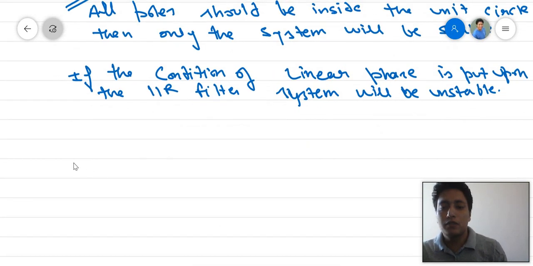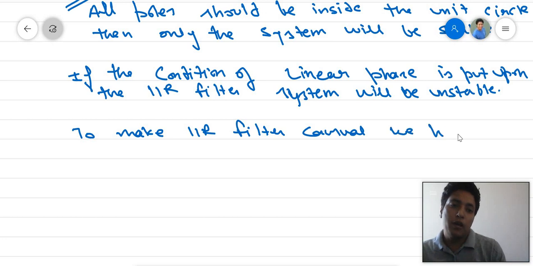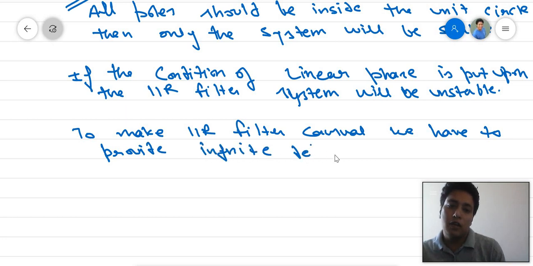This is the first point. Second point is about causality. To make an IIR filter causal, we have to provide infinite delay, which is practically not possible.